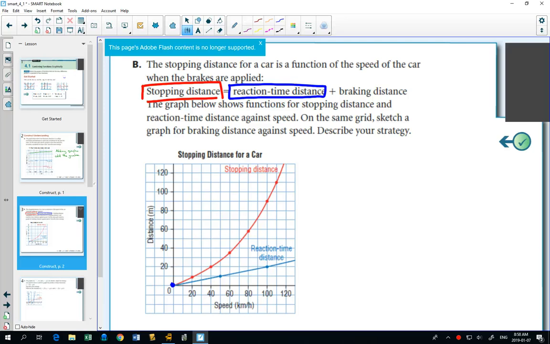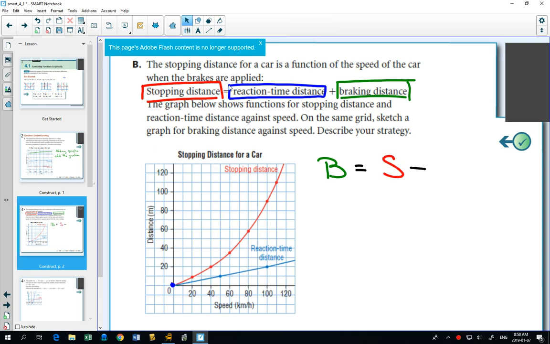Now, if I want to graph my braking distance in green, can you see that you could rearrange this equation? I'm going to call braking distance B. If I wanted to get B by itself, I would have to take my red graph, which is my stopping distance, and then subtract my reaction time distance.